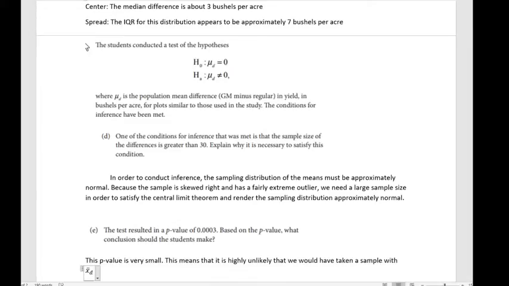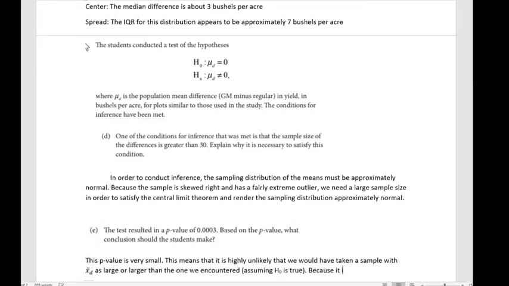That we would have taken a sample with x bar sub d as large or larger than the one we encountered, assuming the null hypothesis is true.